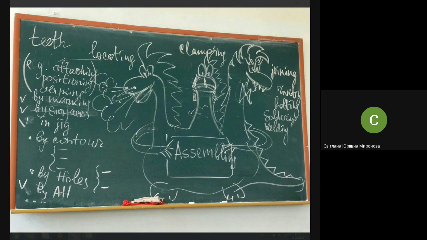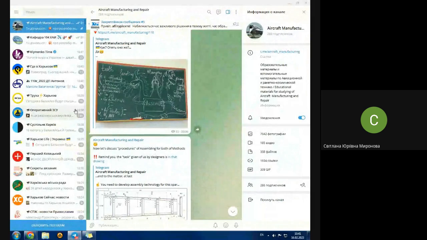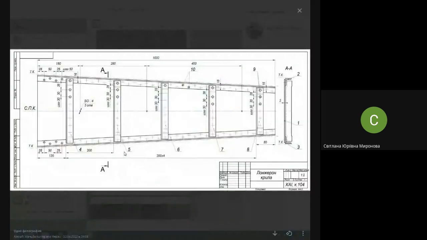Method of assembling is the same as method of locating. When it comes to method of assembling, it's how to position parts, how to locate them, not how to join them further, but how to locate them only. And what we're studying right now is how to locate parts of this spar in order to reach the demanded accuracy.